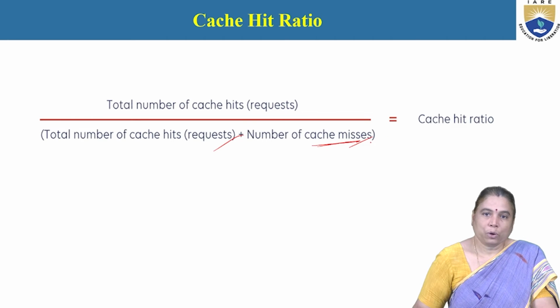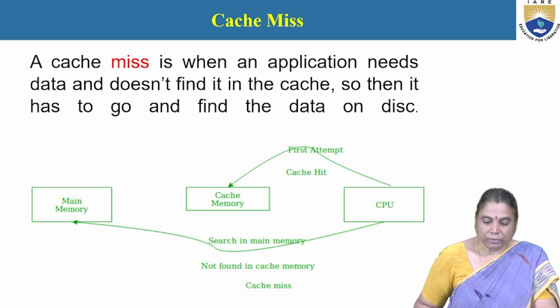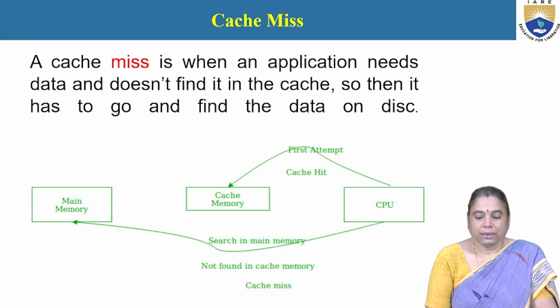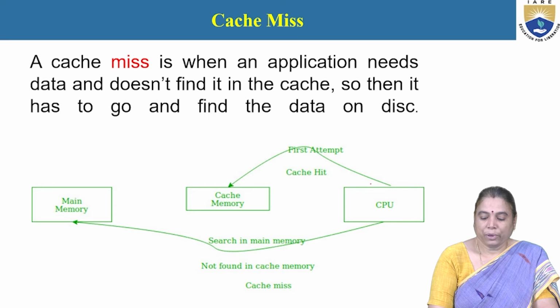Now we have to discuss what a cache miss is. A cache miss is when an application needs data that it does not find in the cache, so then it has to go and find the data on the disk. So first the CPU attempts to check whether the data is available in the cache or not.